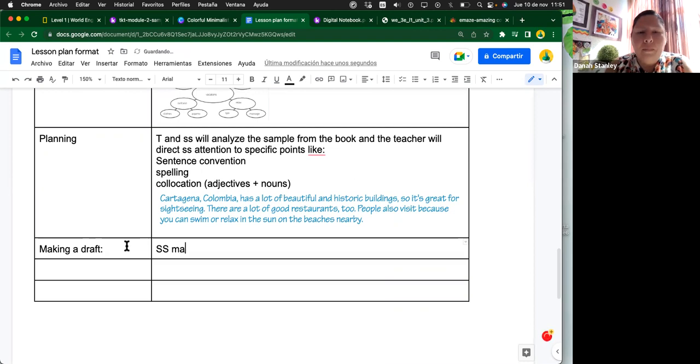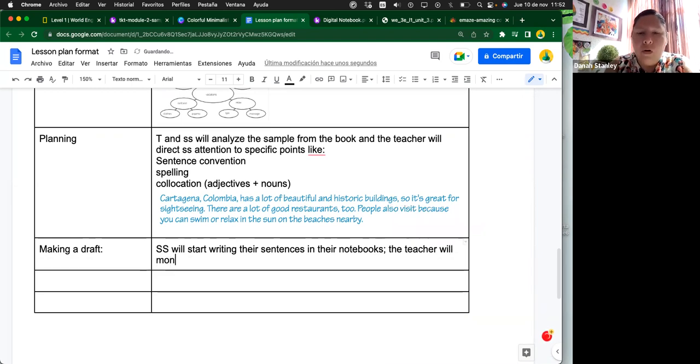Students will start writing their sentences in their notebooks, the teacher will monitor and provide help.